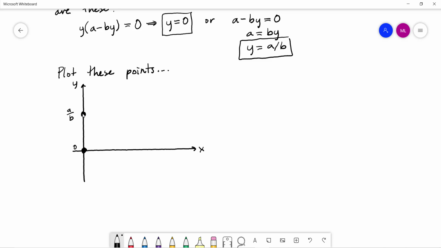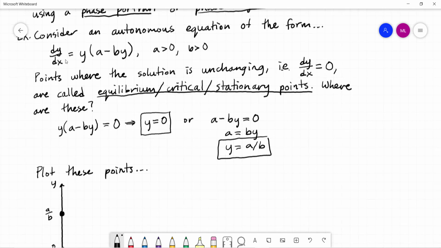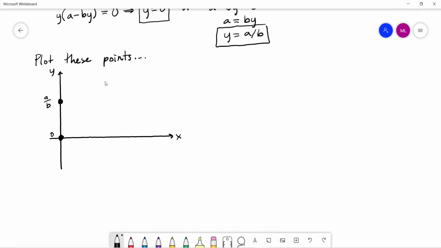Well, if it goes through this point, by definition, it is unchanging, right? The solution is unchanging at that point. Another way of saying it is the slope is 0 at that point. If I start at this point, I'm going to stay at a height of y equals a over b. So if I start at y equals a over b, I'm going to stay at y equals a over b.